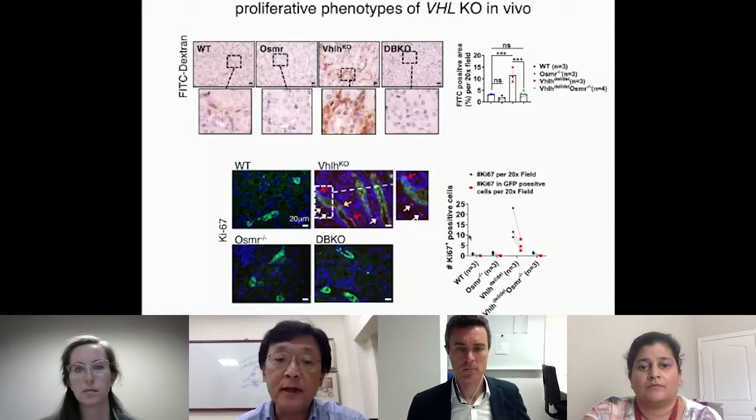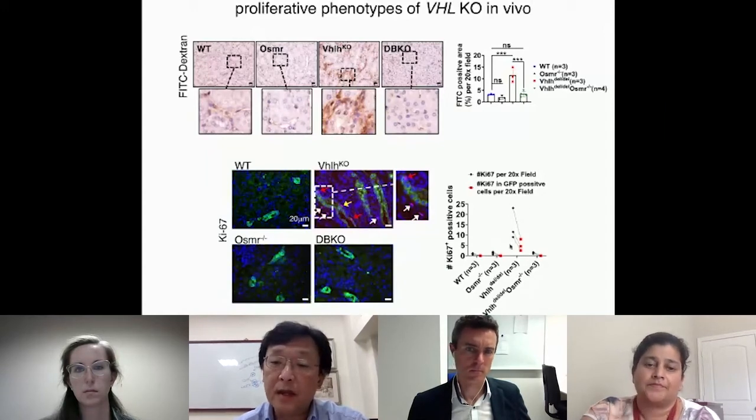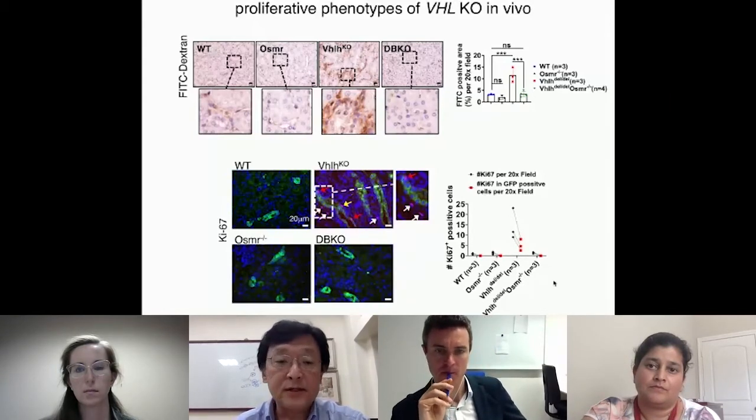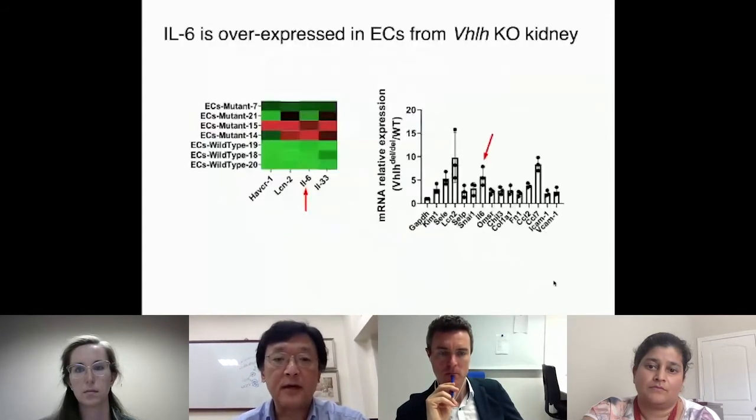And importantly, the proliferation index, Ki67, is reduced, both in the immune cell population and in the tubule population. So actually, oncostatin M signaling is also involved in the hyperplastic phenotypes.